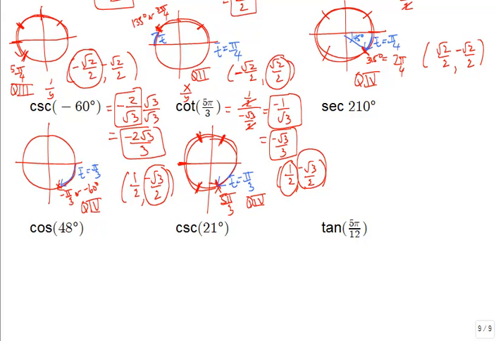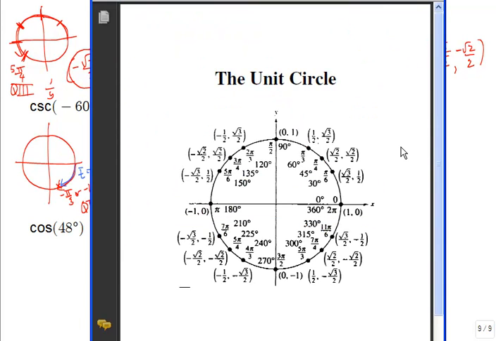Okay, secant of 210 degrees. So a couple ways to think about it. You can convert it. You could multiply this by 2 pi over 360 to convert to radians. You could see that 210 is 180 degrees, which is pi, plus an additional 30 degrees, which is a pi over 6. So this on your unit circle should be right here, in quadrant 3. 210 degrees is the same as 7 pi over 6.